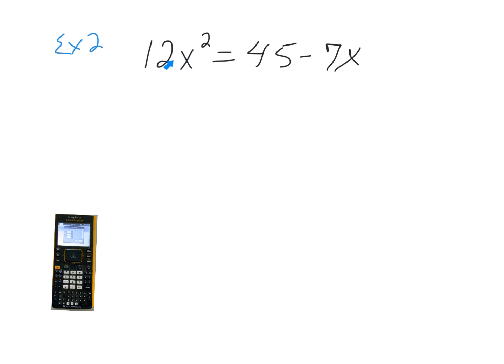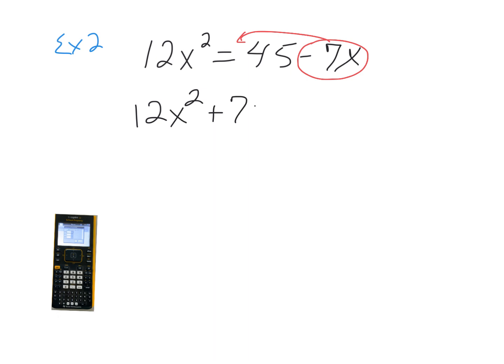All right, now we can do this different ways. I'm going to go ahead and leave this 12x squared here on the left side, all right, which means I need to bring the 45 and the -7x over. Now, this is actually our b, okay, our -7x. So I'm going to write that next. But when this -7x comes over to the other side of the equal sign, it becomes a +7x.